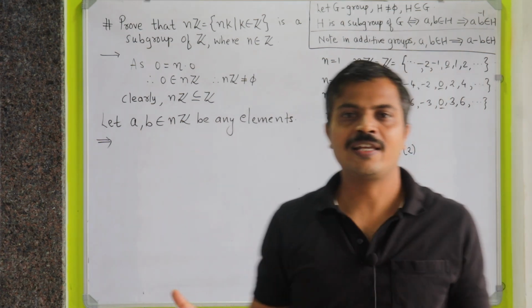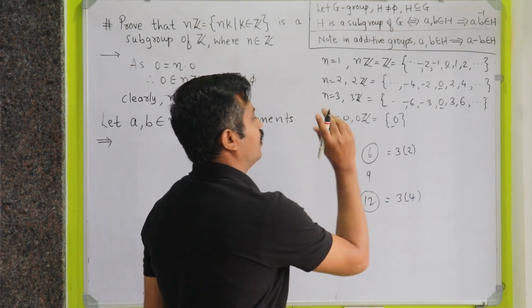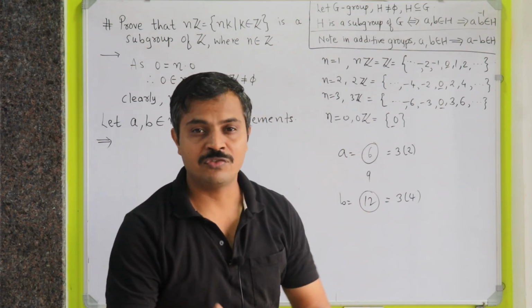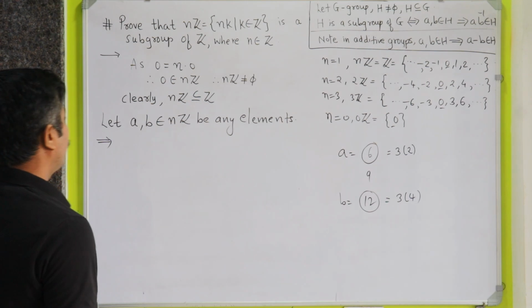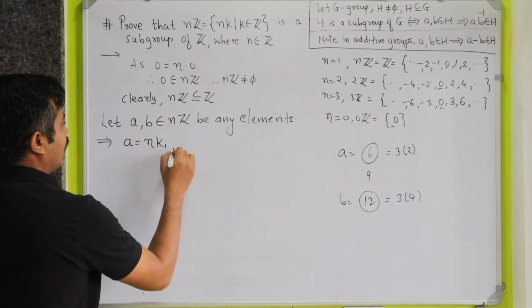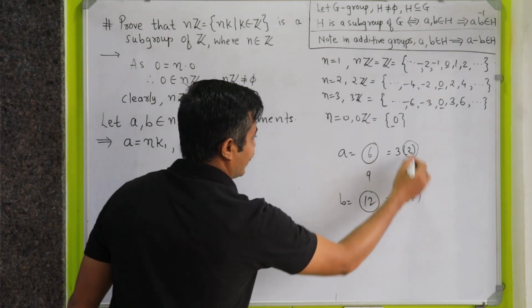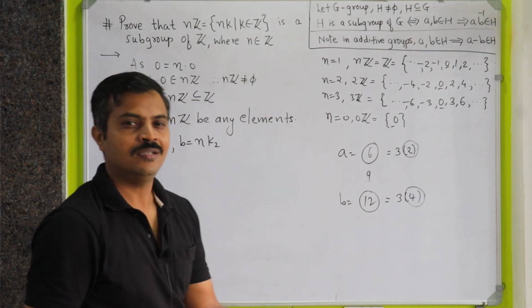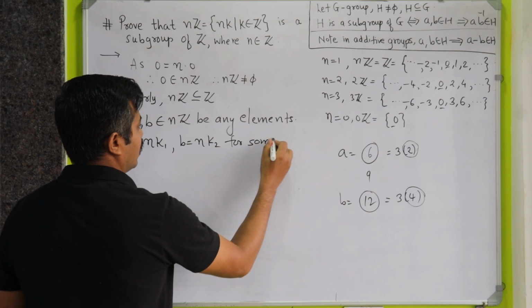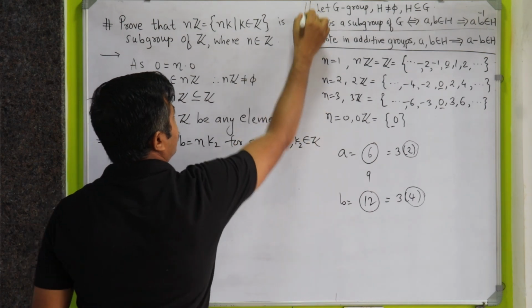So 12 can be written as 3 multiplied by 4 and 6 can be written as 3 multiplied by 2. So talking about multiples of n, a can be written as some nk1 and b can be written as nk2. Remember, this k1 and k2 may be different, so I will say for some k1 and k2 belonging to Z.